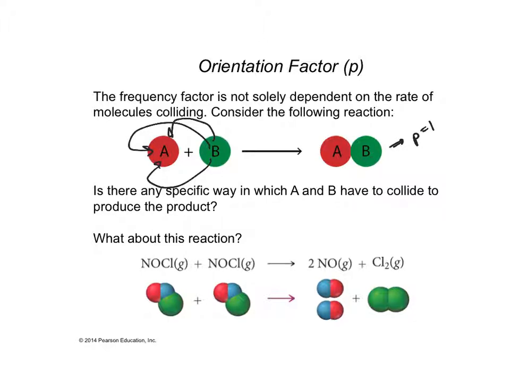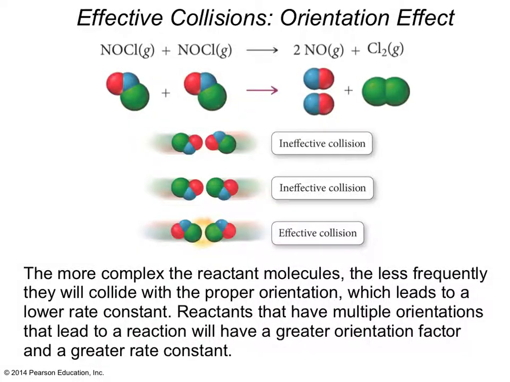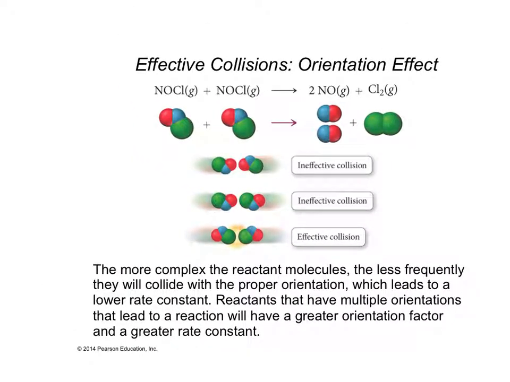Now what if we had something like this, where we have NOCl combining with NOCl to form NO and chlorine? Are we going to have any specific requirements with respect to the orientation of this collision? Maybe certain orientations aren't going to lead to a successful reaction. So let's look at the various ways that you could collide these 2 molecules and see what would happen.